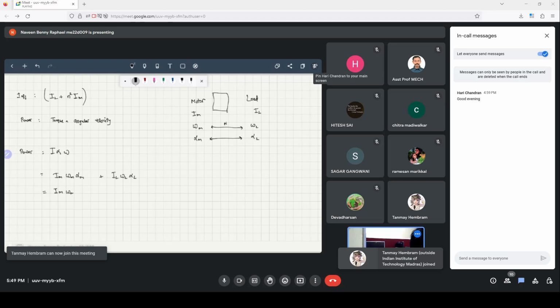Omega L is n into omega m, and alpha L is n into alpha m, and that gives us IM plus n square.